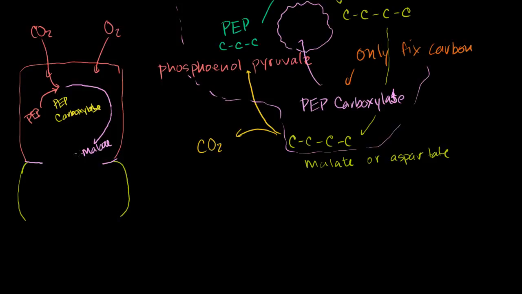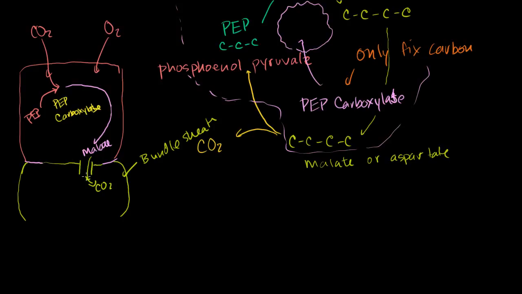This bundle sheath cell has no access to oxygen, right? So the malate comes in. You have these little pipes that connect the cell. Maybe I'll just draw one pipe. So the malate can come here, and then within this bundle sheath cell, it can then react to form carbon dioxide and pyruvate.